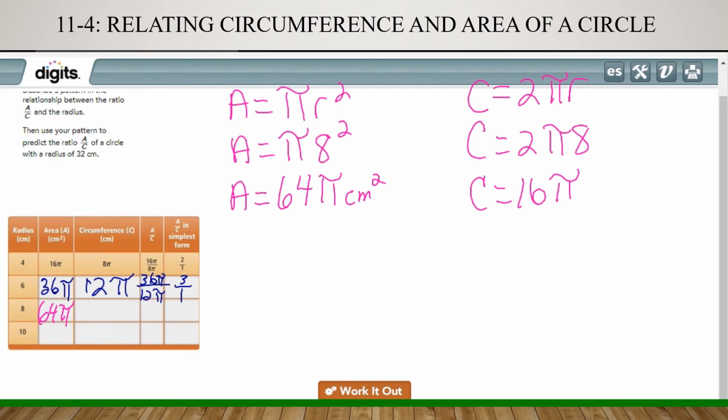I'm going to put 16 pi here because there are already units at the top of the chart. Now for this part, you put 64 pi over 16 pi, and then you go ahead and simplify. The pi's cancel out. 16 goes into 64 4 times, so it will be 4 over 1.